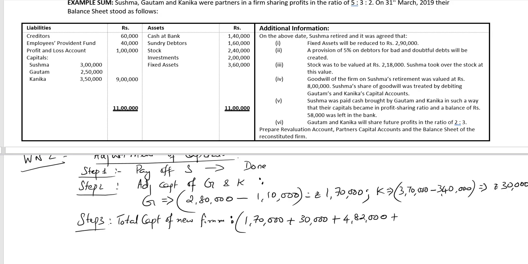A balance of rupees 58,000 was left in the bank. So this is the amount of desired bank balance, 58,000. The existing bank balance is given in the balance sheet, cash at bank, rupees 1,40,000, the amount in the asset side of the balance sheet. So minus 1,40,000 rupees.